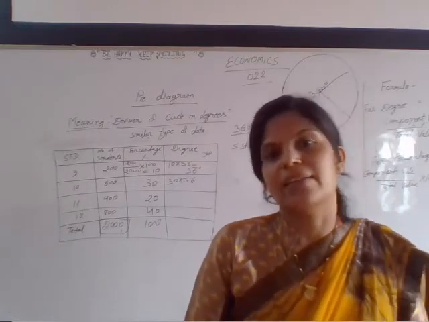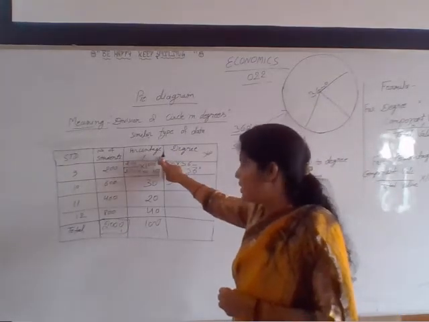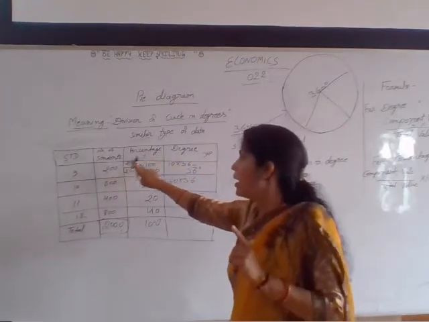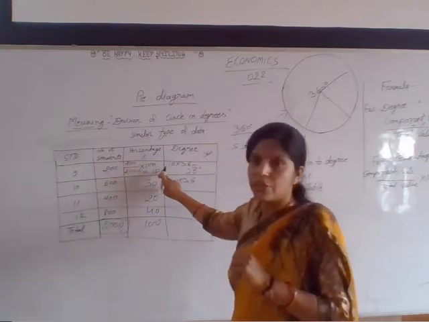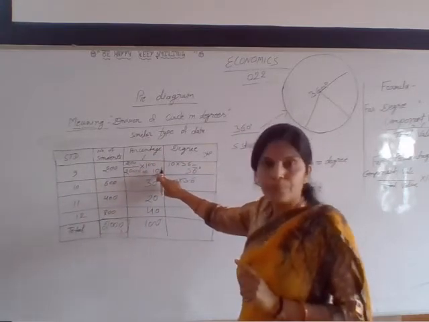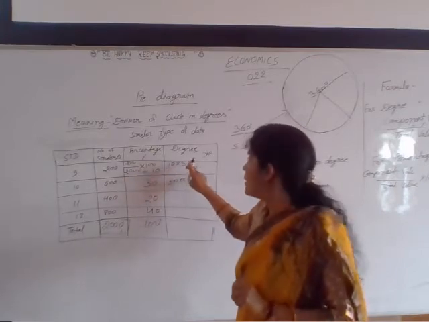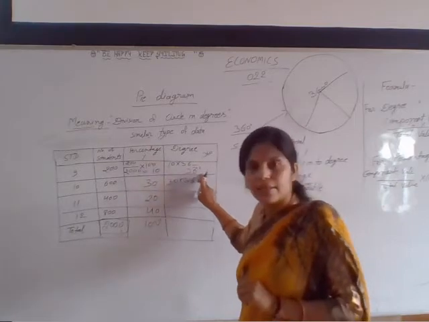Another shortcut method which I told is the percentage. Remember that I have multiplied by percentage. So for the first, 10 multiplied by 3.6 equal to 36.